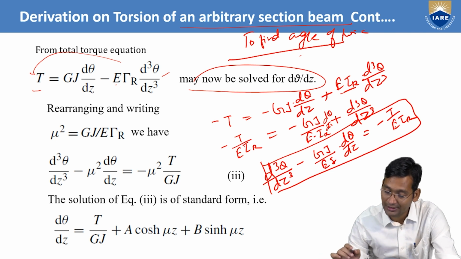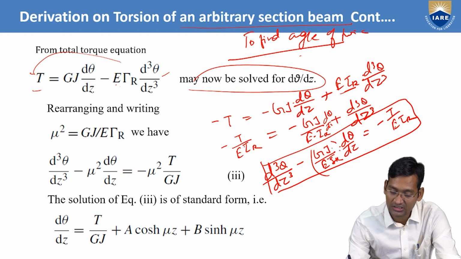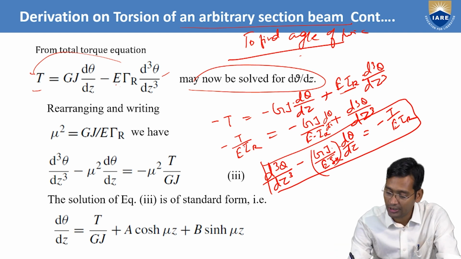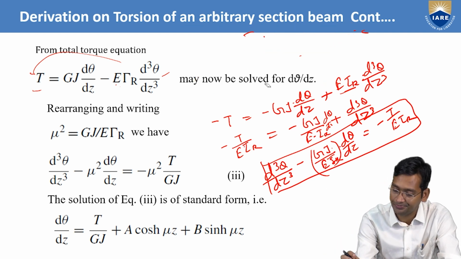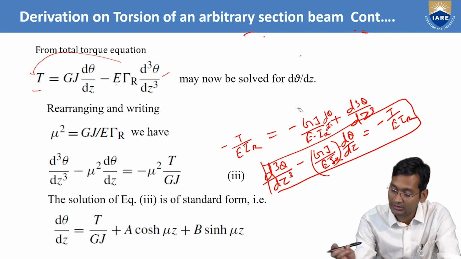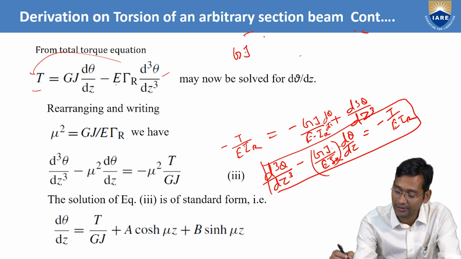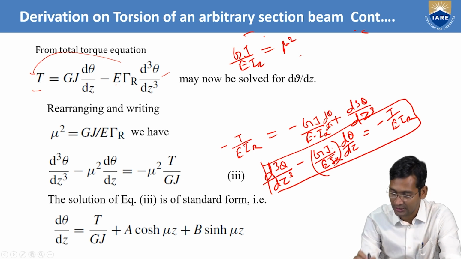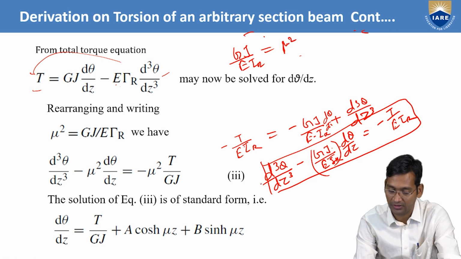Now what we are assuming is GJ by E tau r as mu square, just taking this so that it becomes smaller. So now we will replace GJ by E tau r with mu square. Here for this we can simply write mu square.